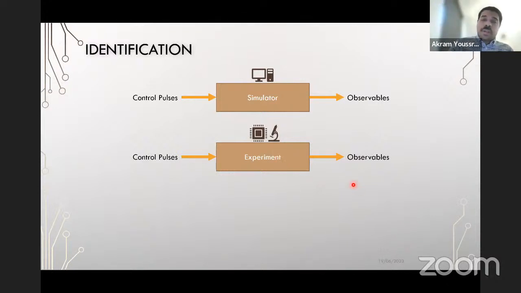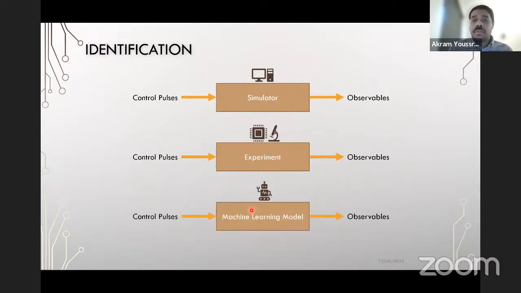So the target we have is to use machine learning. We have a model with the pulses and the observables, and we want this machine learning model, which is at the end just a piece of software on your computer, to predict the observables and to match the experiment as close as possible. If we are able to have this machine learning model, then we can use it as a simulator.